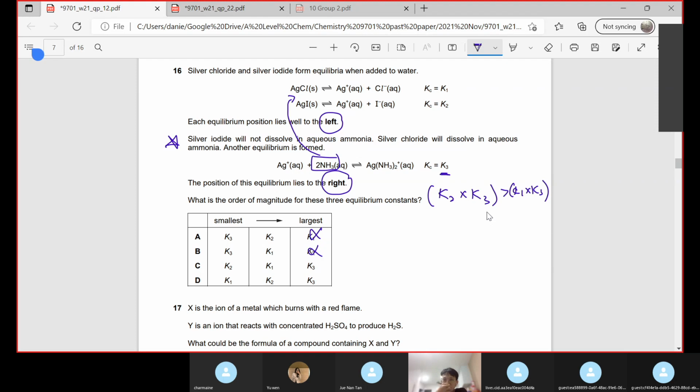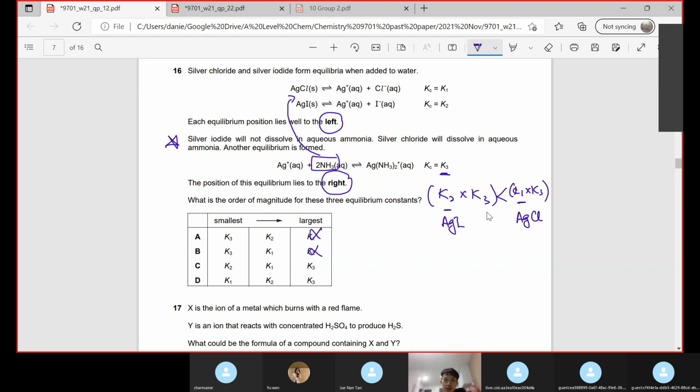K2 is iodide. Sorry, I wrote it wrongly. It should be smaller. K1. Okay, yeah, correct. So K1 is the AgCl one, right? K2 is the AgI.